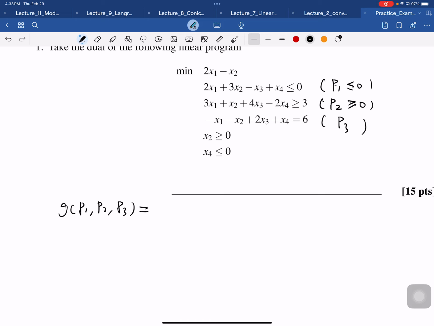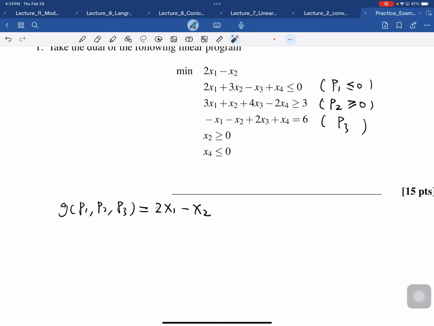In the objective, originally we have 2x1 minus x2. Okay, so now we need to multiply the first constraint, right? Should we just multiply p1 by the left-hand side? Is that correct? Or should it be p1 times the negative of this part? Right? It should be the negative of that part, right?